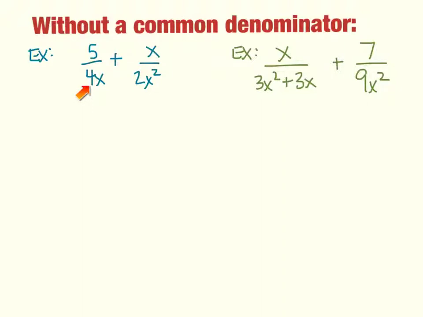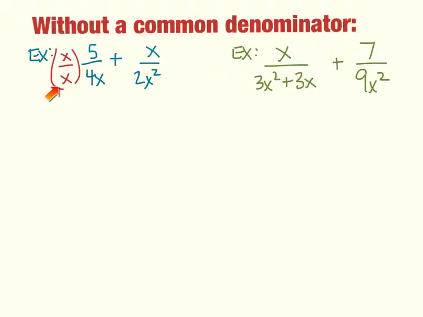So first in the numbers, 4 and 2, 4 has a 2 already inside of it, right? 4 is made up of 2 times 2, so it doesn't need the 2, but it is missing an x, because this is x squared and this is just an x. So I'm going to have to multiply both the numerator and the denominator by x. And you see, I'm not changing anything because x over x is just 1. I'm just multiplying by a clever form of 1.